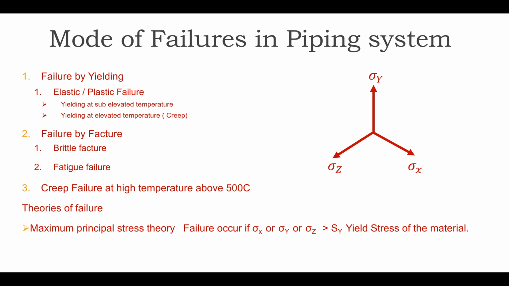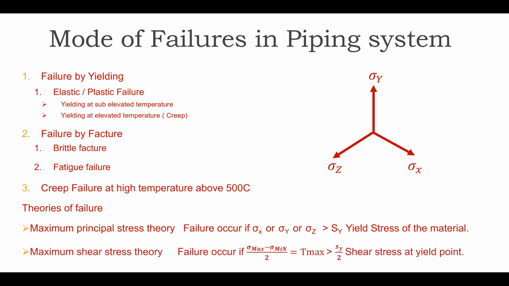The second most commonly used theory is maximum shear stress theory. It states that failure of a piping component occurs when the maximum shear stress exceeds the shear stress at the yield point of the material.